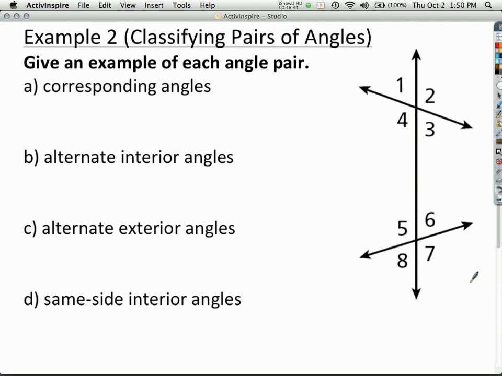So corresponding are on the same side of the transversal and in the same location with respect to their lines.